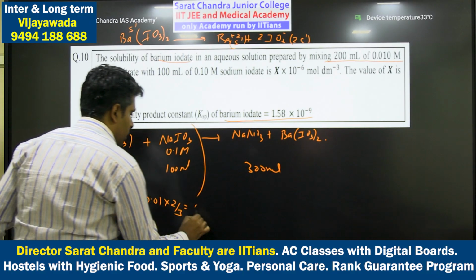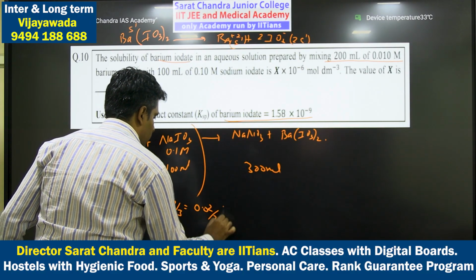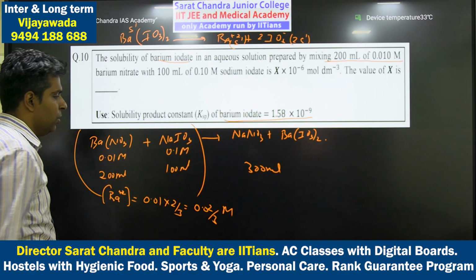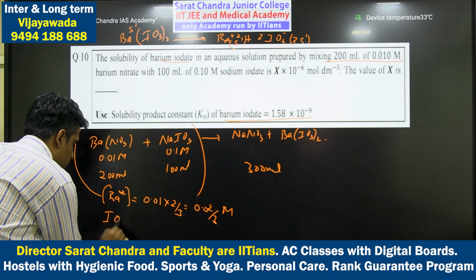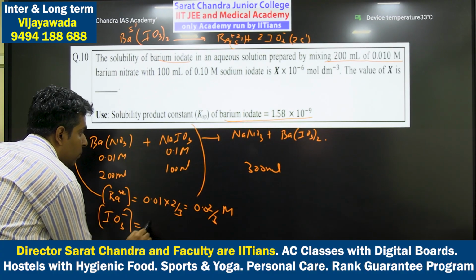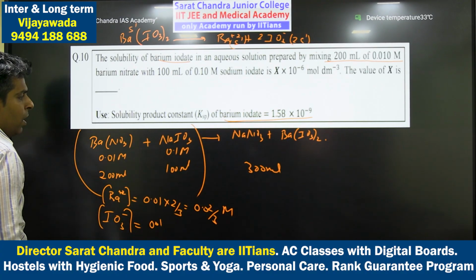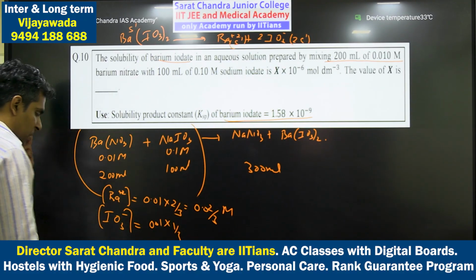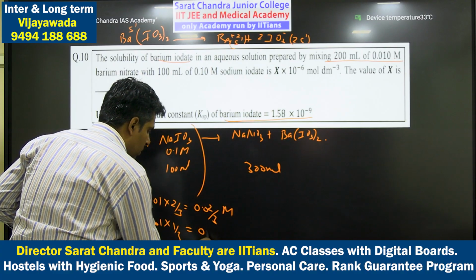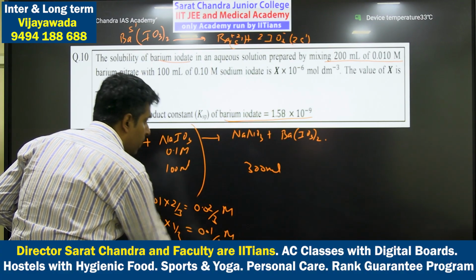So that is 0.02 by 3 molar will be the concentration of barium ion in this solution. And the concentration of iodate ion, IO3 minus ion, in this solution will be, initial was 0.1 and now it will be into 1 by 3, 100 ml and total is 300 ml. So 0.1 by 3 molar.